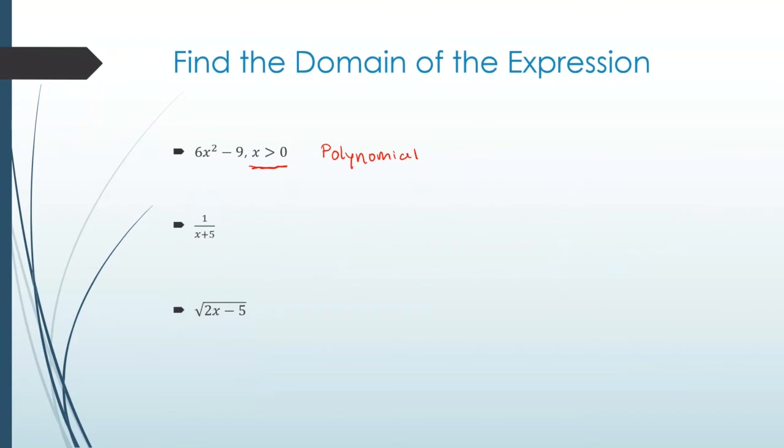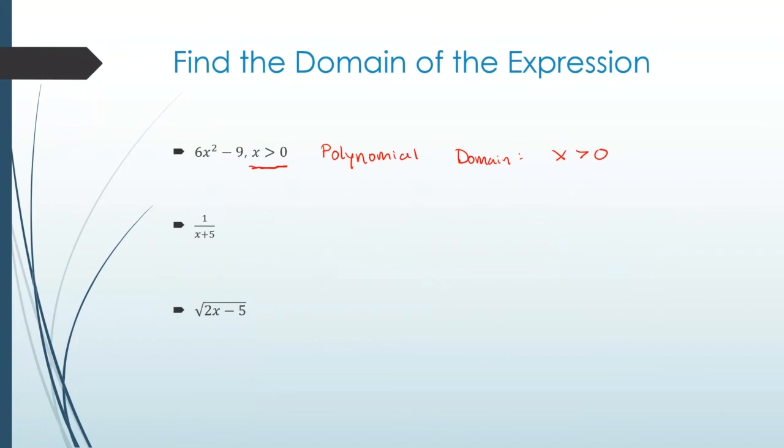So because they're telling us that, our domain is x greater than 0, because they're specifying that we're not including the negative numbers here. What that means is we can only plug positive numbers into 6x squared minus 9 for this particular expression they've given us.